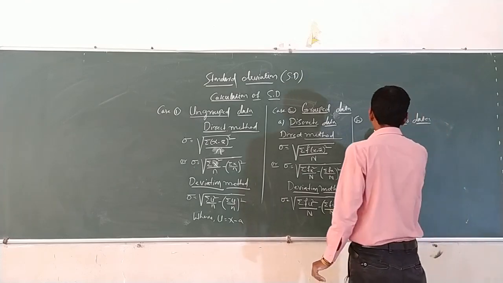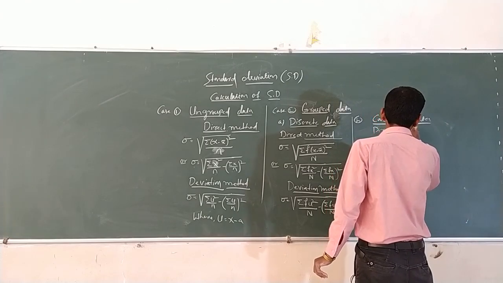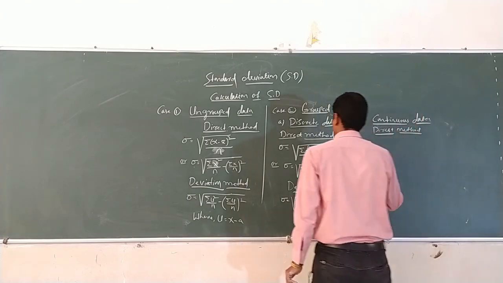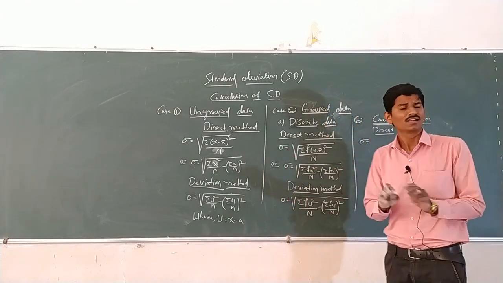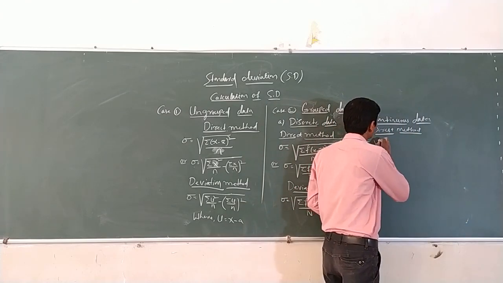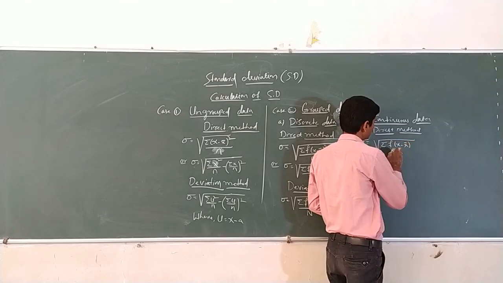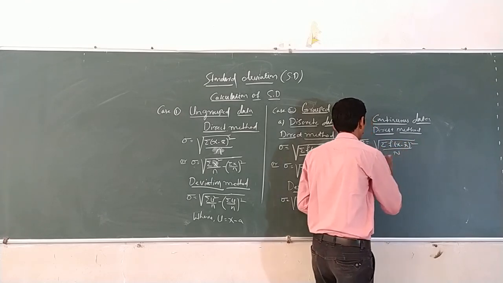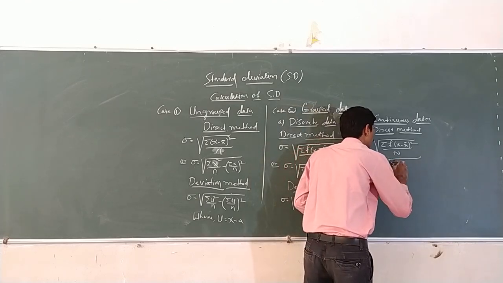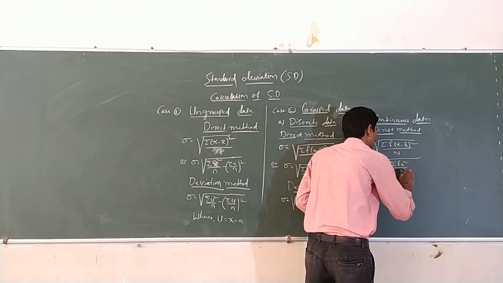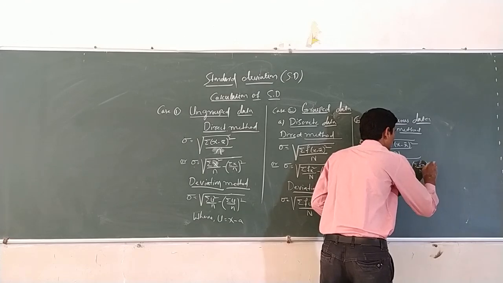The direct method uses the same formula: sigma equals the square root of sum of f into (x minus x bar) whole square by capital N, or sigma equals the square root of sum of fx square by capital N minus (sum of fx by capital N) whole square.